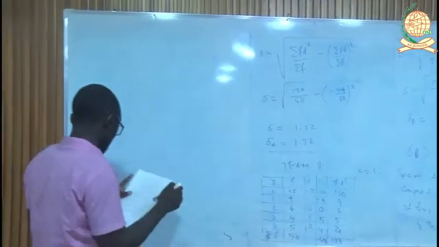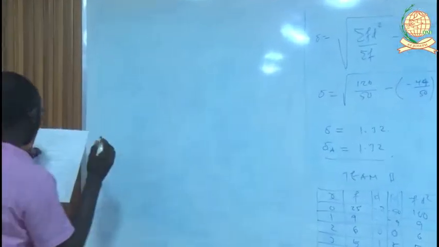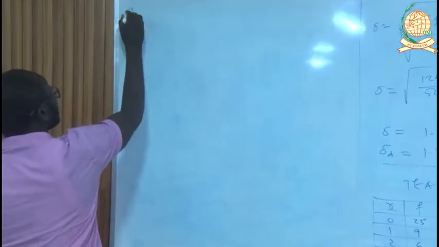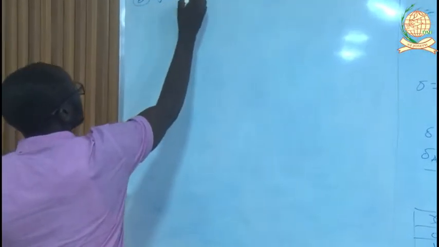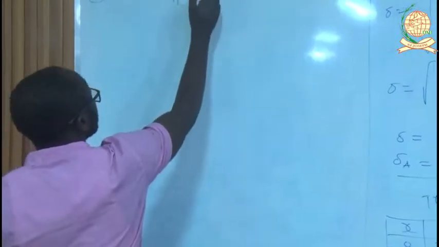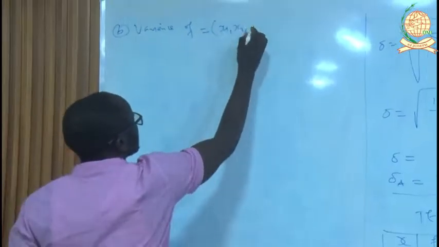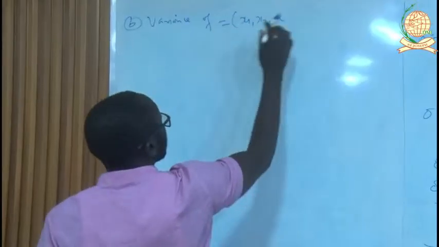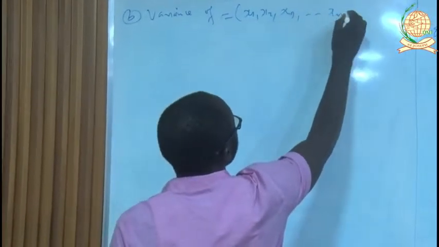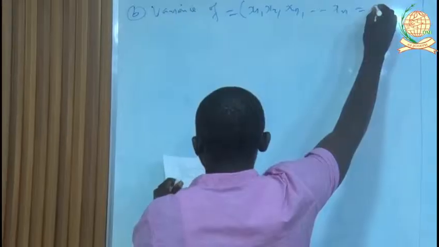For part B, we are given the variance of data which are x1, x2, x3 up to xn is 10.